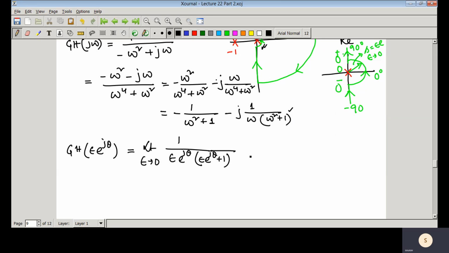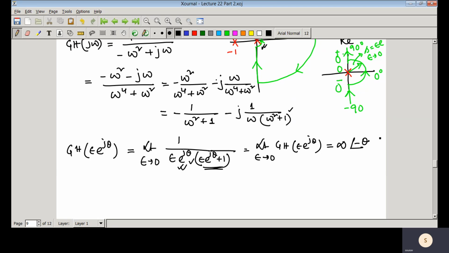So then what will you get? Limit epsilon tends to 0, G(s)H(s) equals something times e to the power minus j theta. You can see that when epsilon is tending to 0, this part would be approximately equal to 1, and 1 by 0 would be infinity. So here infinity, and the angle contribution would be minus theta.